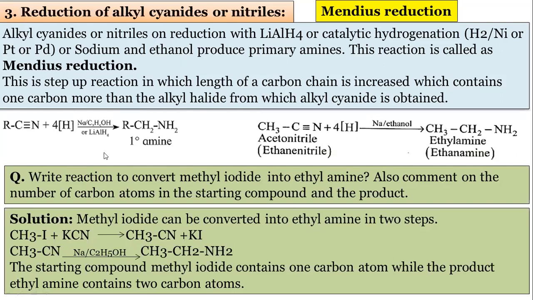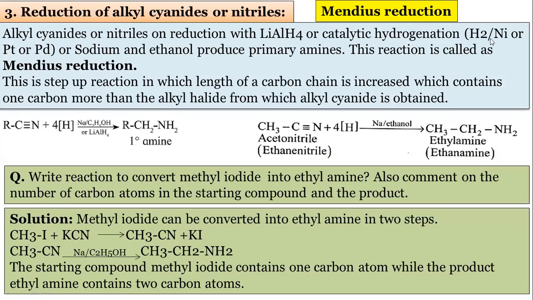So what is this Mendius reaction, or Mendius reduction? Mendius is the name of the scientist who discovered this reaction, a specific reaction in which cyanides or nitriles are reduced to primary amines. For the reduction reaction, we use sodium in the presence of alcohol as a solvent, and lithium aluminum hydride can be used as a reducing agent.